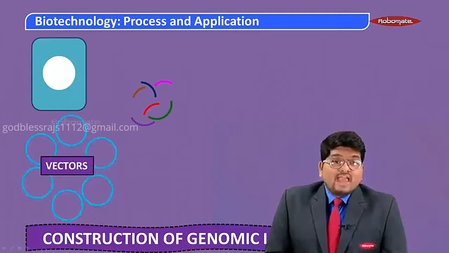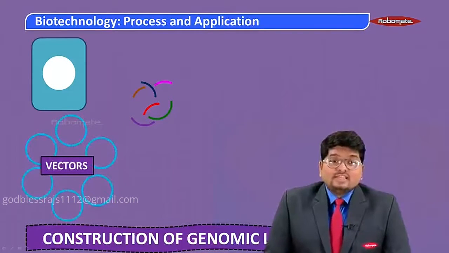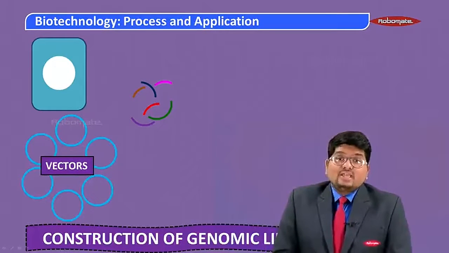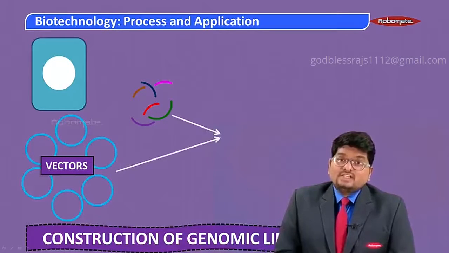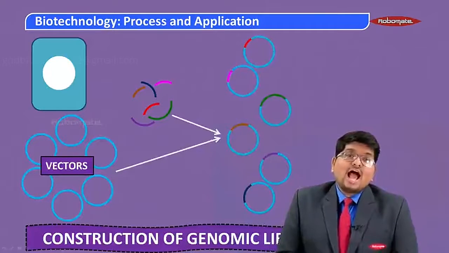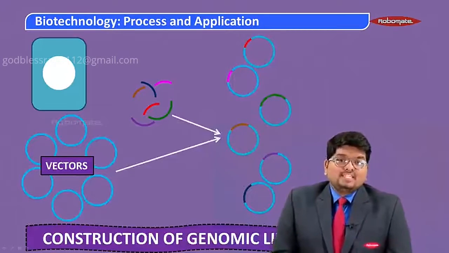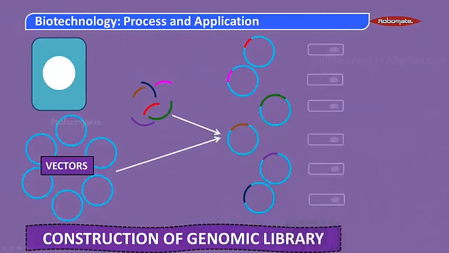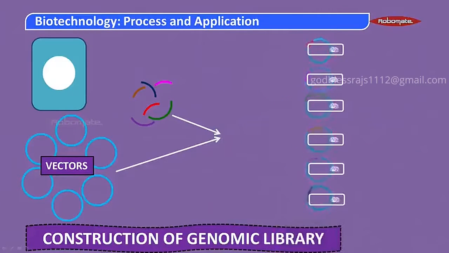We also cut these vectors with restriction endonucleases, and we combine these vectors with the DNA fragments to get a recombinant DNA or rDNA.